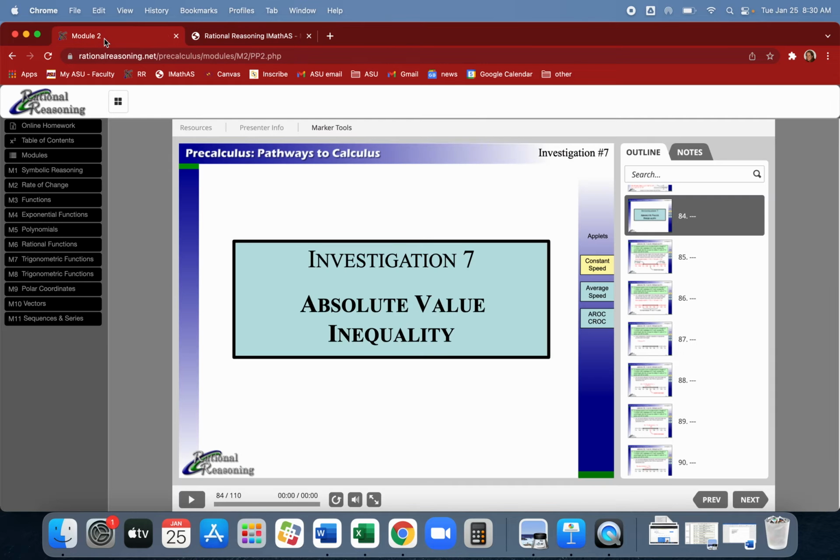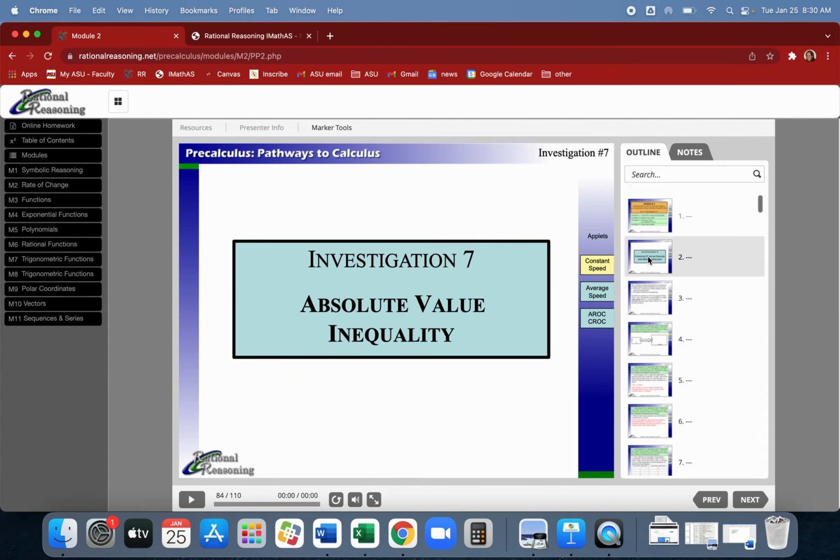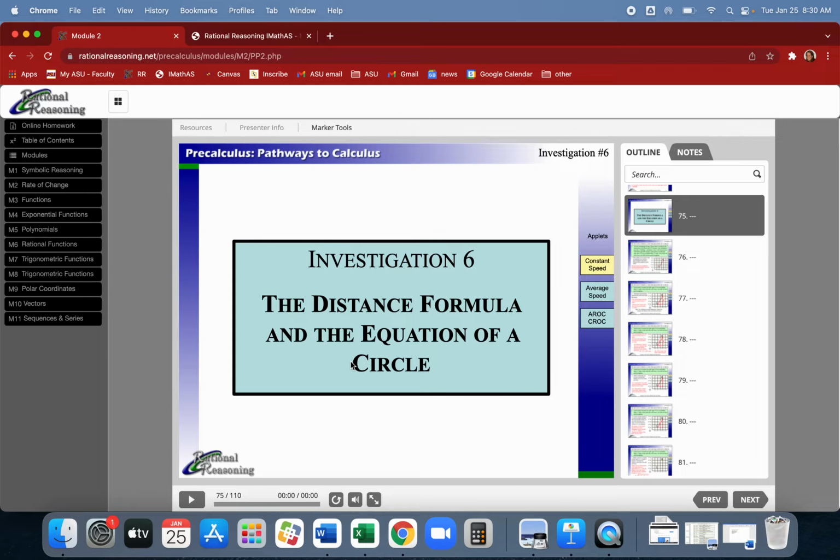Let me open up this. So the distance formula, actually, let me just go back to the beginning so I can click on something. I'll just show you these PowerPoints so we can see this. So the distance formula, and let me make this bigger.